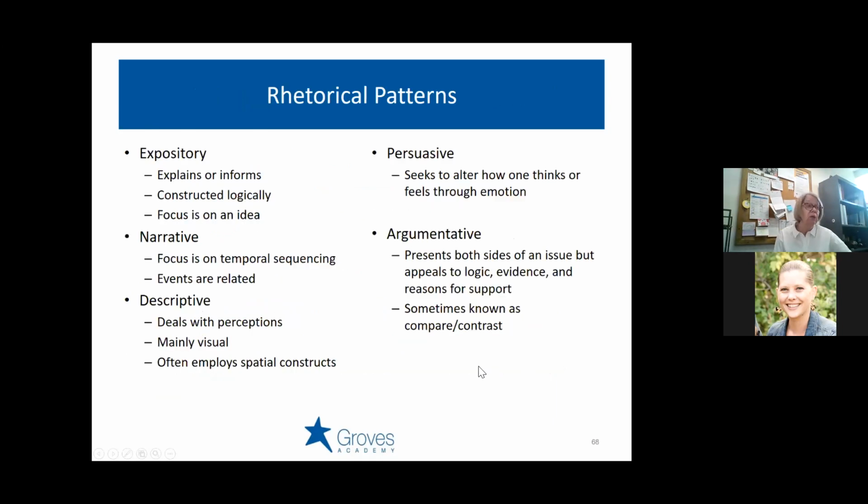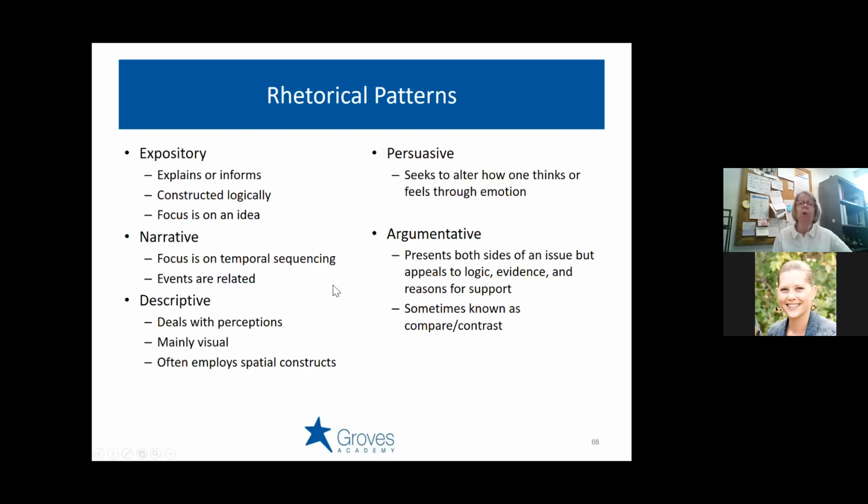It's also really good to help students to get used to looking at text structure and thinking about what kind of text am I reading? What kind of text am I writing? Is it just informational text, which is expository? And that is crucial to teach.